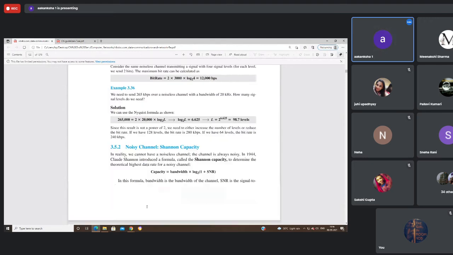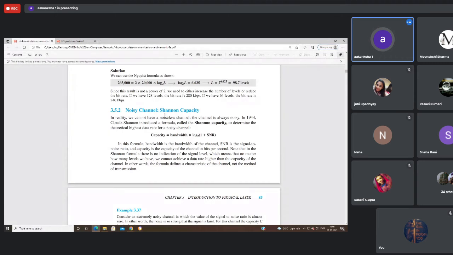Fine. Then we have the noisy channel Shannon capacity. As we have assumed with SNR, the signal to noise ratio, normally channels are noisy. Shannon capacity says the capacity of a noisy channel, the theoretical highest data rate, is bandwidth into log 2 of 1 plus SNR.